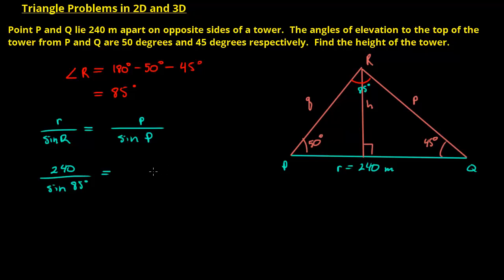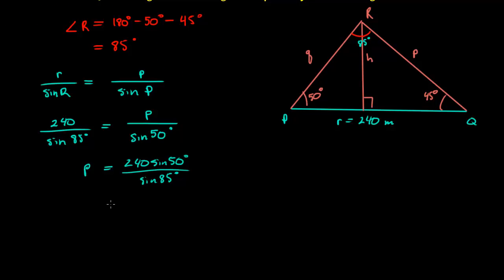And that has to be equal to side P over sine of angle P, which is 50 degrees. I can isolate for P by multiplying both sides of the equation by sine 50. And I get that P is equal to 240 sine 50 degrees divided by sine 85. If you do that on your calculator, 240 times sine 50 divided by sine 85 is equal to 184.55.